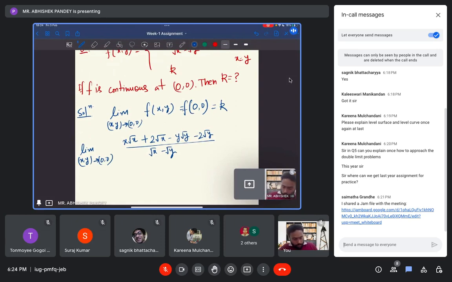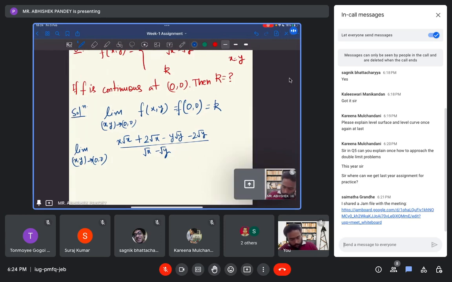Observe that this numerator can be written in terms of the denominator. You have to divide it. So I will write it down.